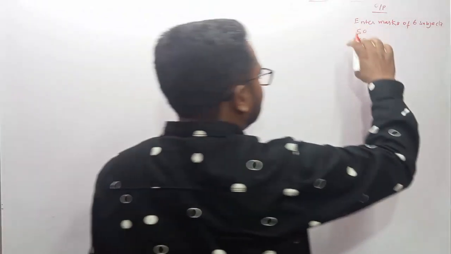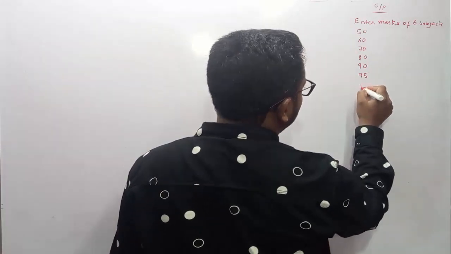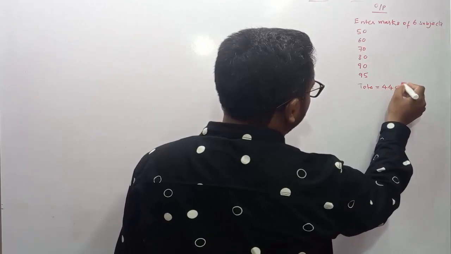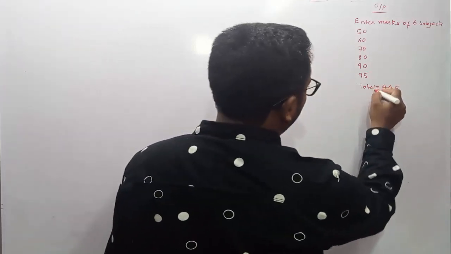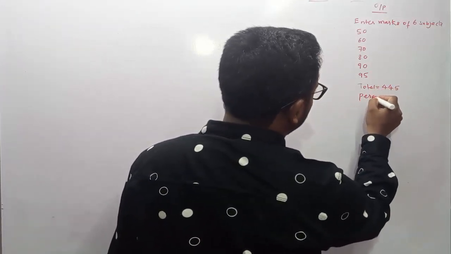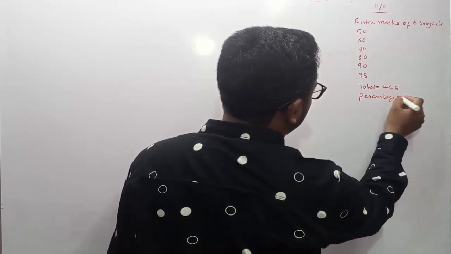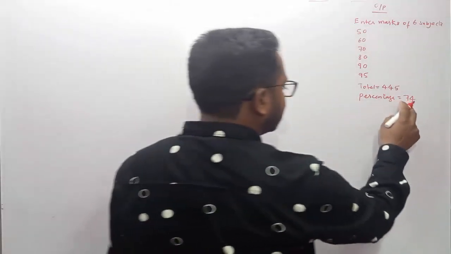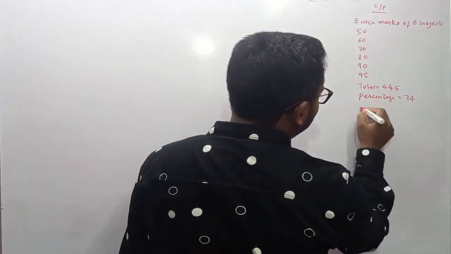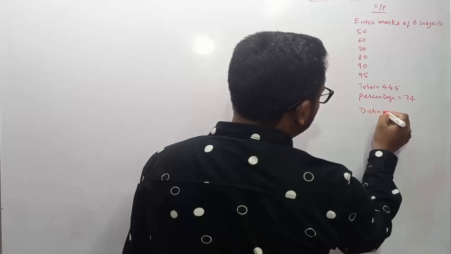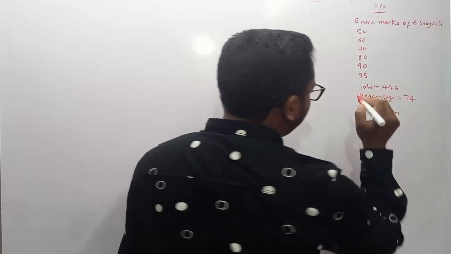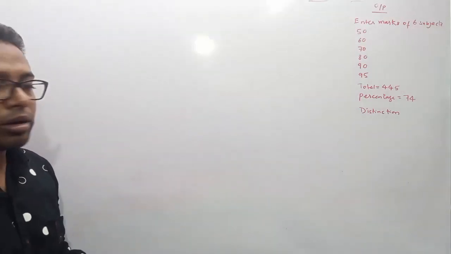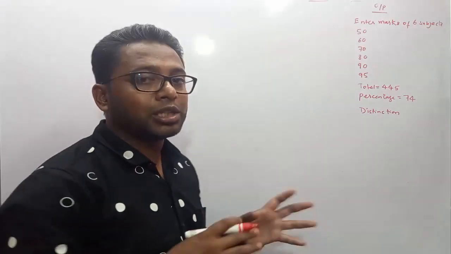Then these marks get added to get the total equals 445, and I also need to display the percentage equals 74, and based on the percentage I want to display a message: distinction. So this is the output which we want to achieve in our program.